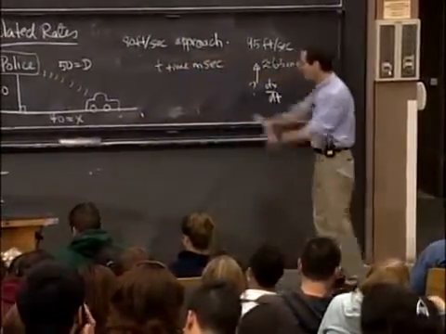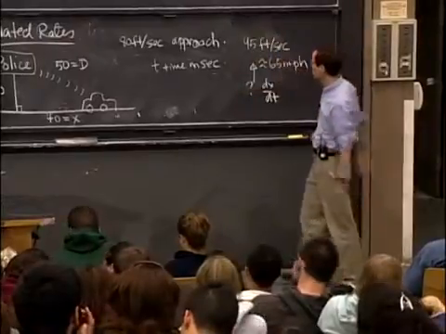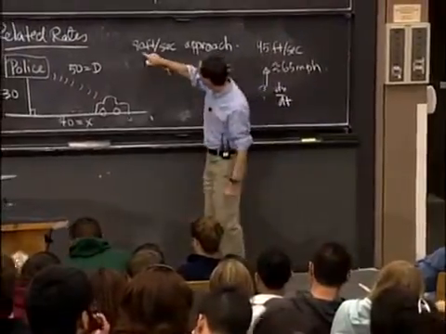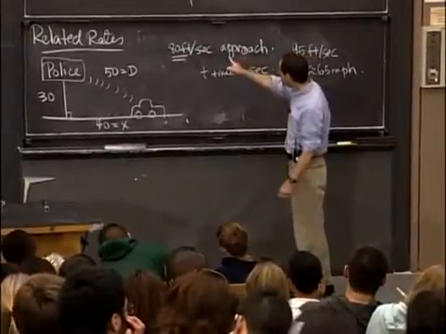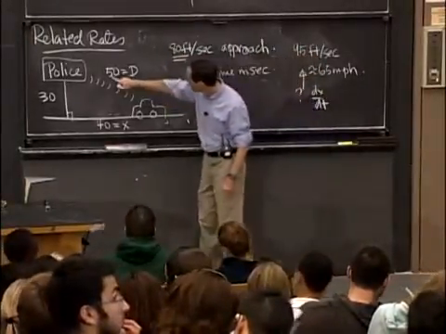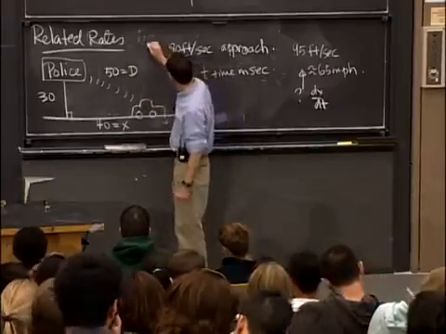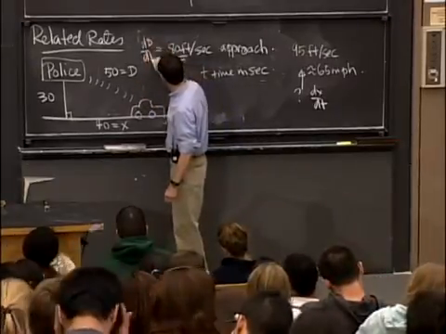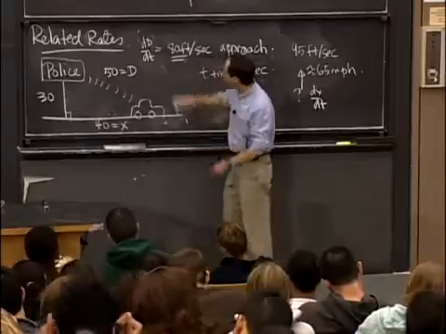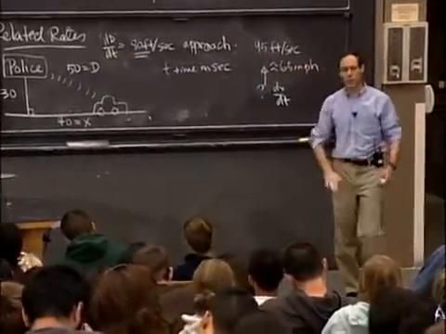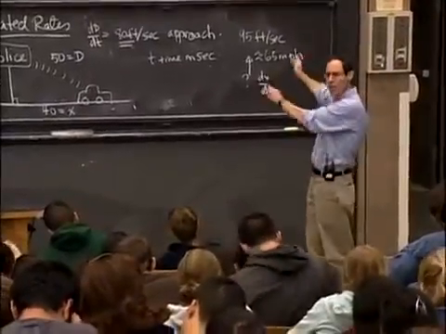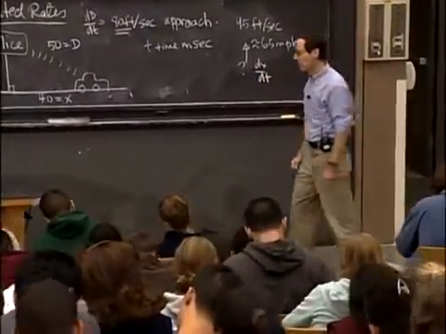So you need to know things about the real world. Now the last bit is, what about this 80 here? So this is how fast you're approaching. Now that's measured along the radar gun. I claim that that's d by dt of this quantity here. So this distance is also changing. That's why we needed a letter for it too. So next time we'll just put that all together and compute dx/dt.